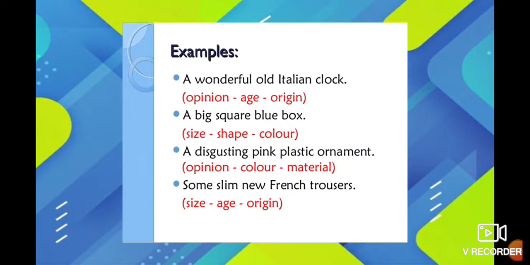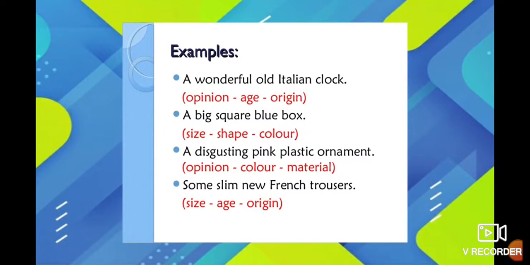Square is an adjective of shape. Blue is an adjective of color. A disgusting pink plastic ornament. Disgusting is an adjective of opinion. Pink is an adjective of color. Plastic is an adjective when you describe the material.